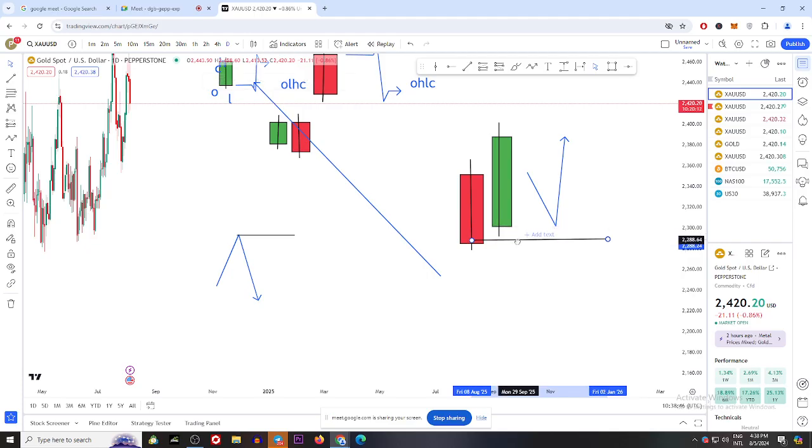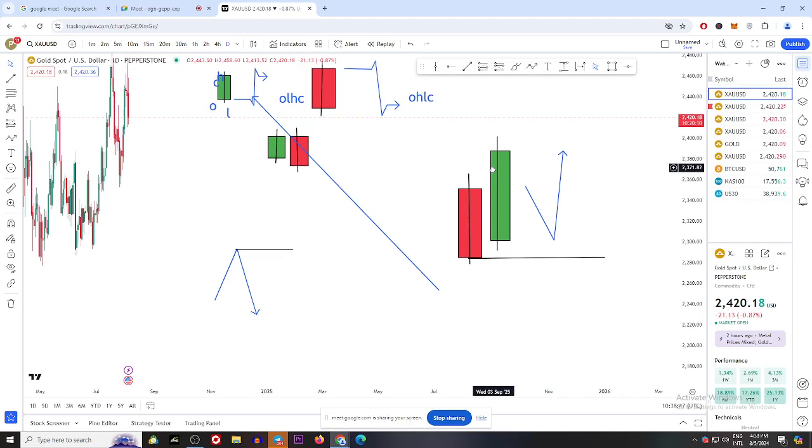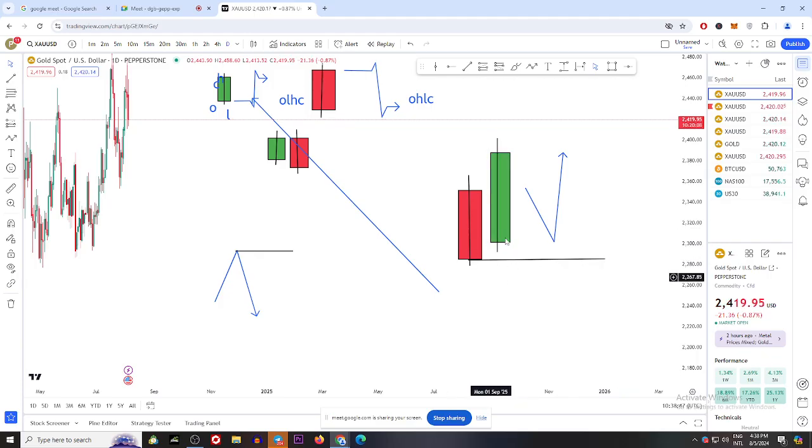It doesn't matter where the next candle opens, even if it shows us a gap. We are not bothered about that, but we will always go to the closing of the first candle. So in this case, as it is the closing of the red candle, we will draw the horizontal line here, and it will give us a support.